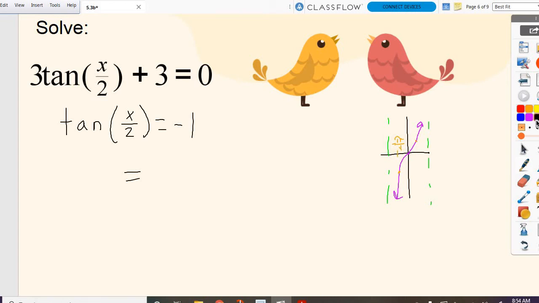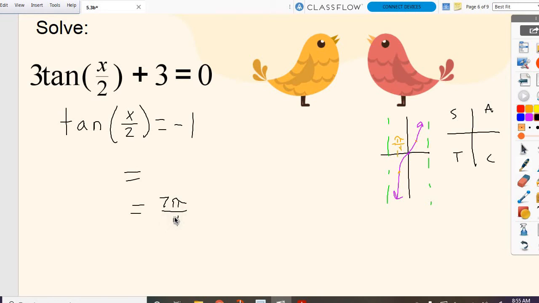But remember, because we're talking about equations, we want the same angle but the positive one. Well, hopefully we remember that negative pi over 4 is going to be in our fourth quadrant and have a reference angle of pi over 4, which would give us 7 pi over 4. So that's going to be one of our solutions.